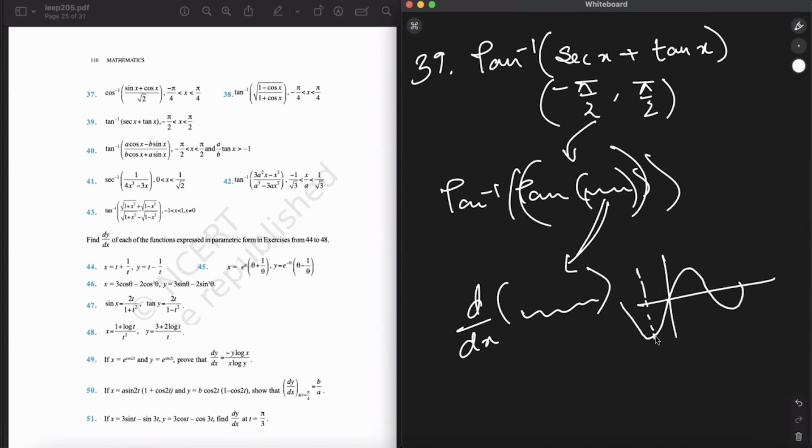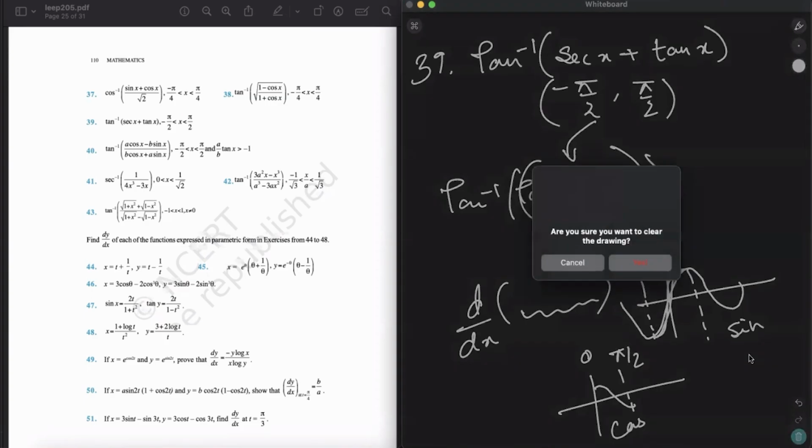The domain for the inverse is minus pi by 2 to pi by 2, which covers all the values from minus 1 to plus 1. For cos, it is 0 to pi. It covers all the values. For tan, it is minus pi by 2 to pi by 2. And like that, it goes on. So this is what you have to understand.